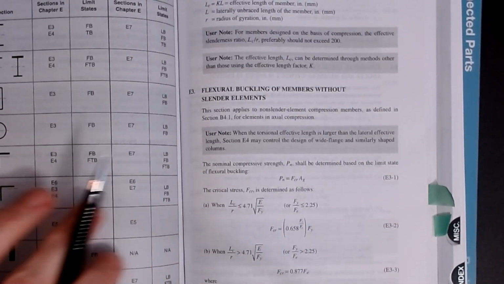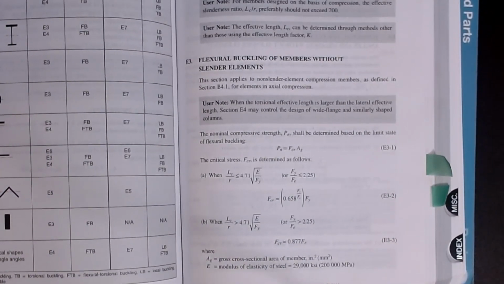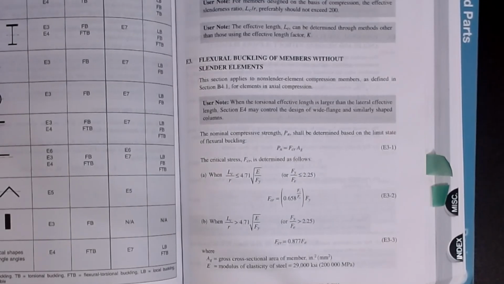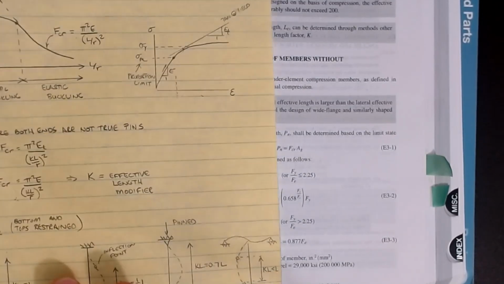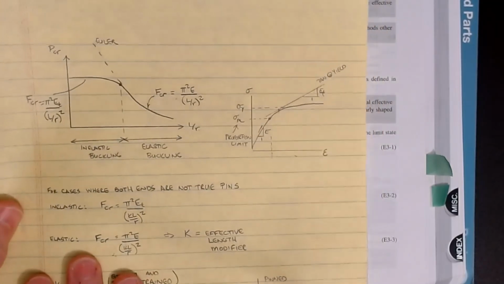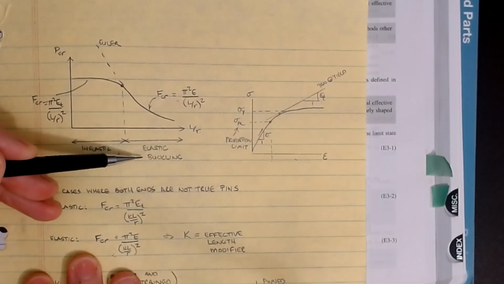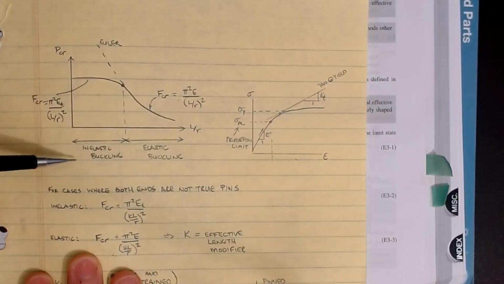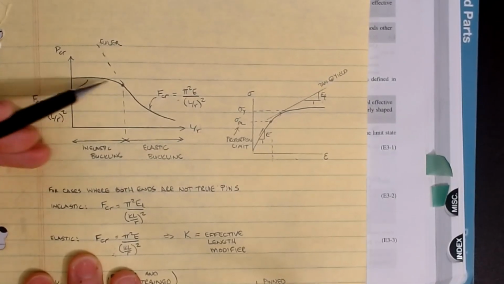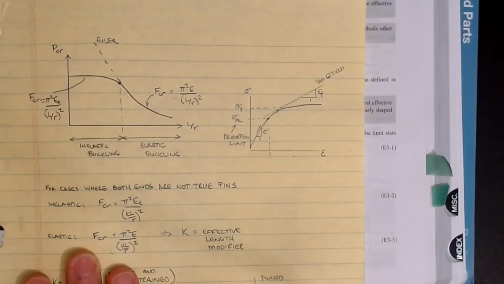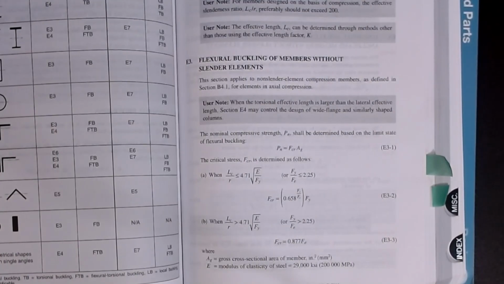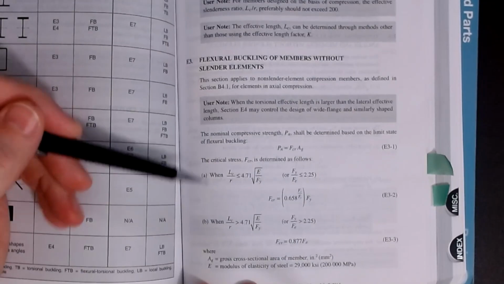Okay, but the general meat of what we're going to follow is just a simple column, and those two phases that we talked about when we were looking at our elastic stress curve in the last video. We talked about an elastic buckling phenomenon where it followed Euler pretty close, and then an inelastic buckling phenomenon where it kind of did its own thing. These are the two regions that AISC is going to have us try to observe. Okay, and both of those are contained down here in these equations below.